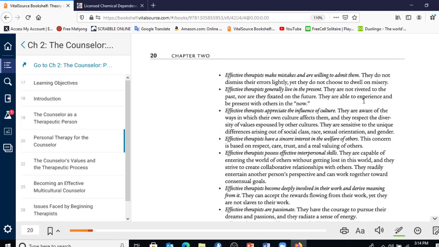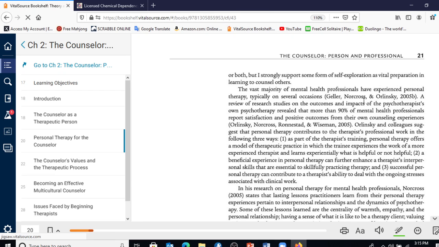You don't want to make it your reason for being and your all and everything. Effective therapists are passionate. I'm talking about the courage to pursue the dreams and passions and radiate a sense of change, a sense of energy. Oh, we can be passionate other ways too, but that's the main thing.